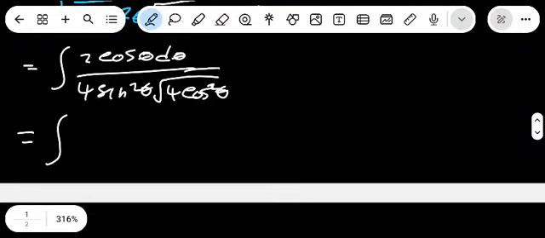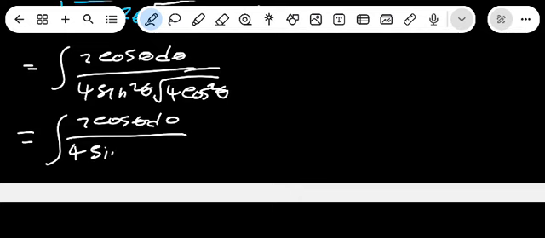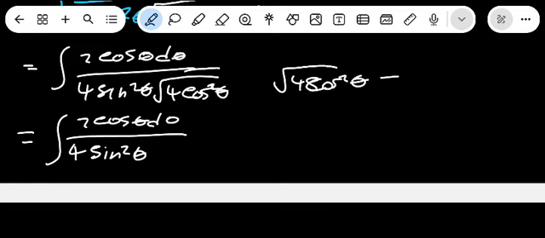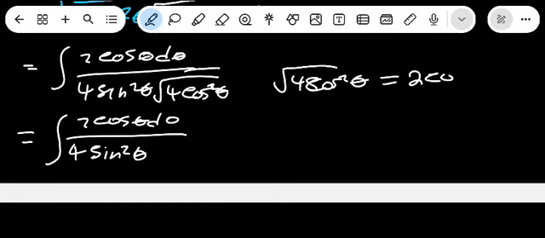This will be the integral of 2 cos theta d theta, divided by 4 sine squared theta, then the square root of 4 cos squared theta. Taking the square root, we have 2 cos theta.